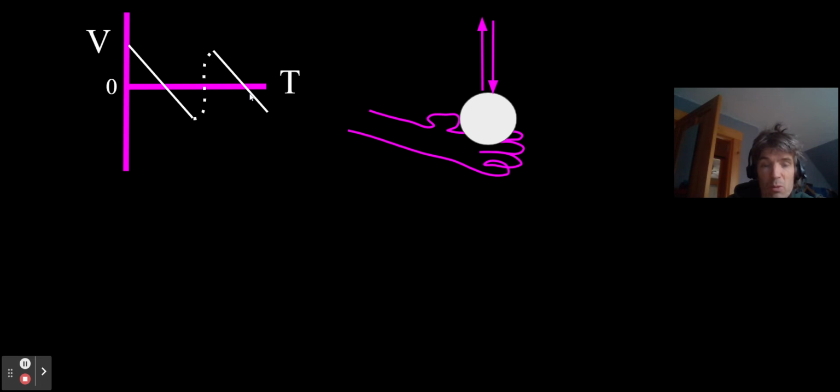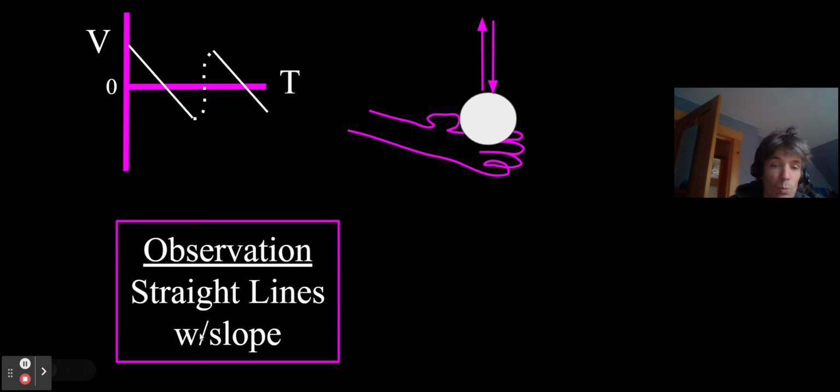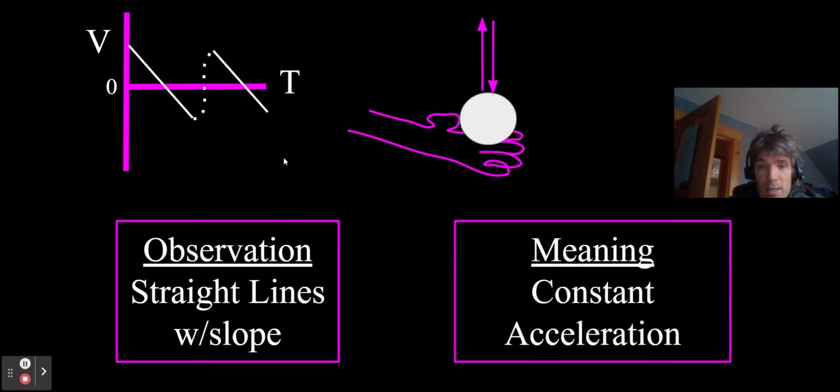A straight line with a slope, be it positive or negative, means the object is experiencing a constant acceleration. Whatever rate of change of velocity is the same, constant acceleration. In this case, the acceleration is the acceleration due to gravity.